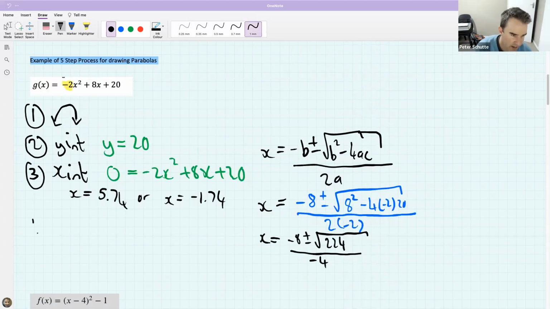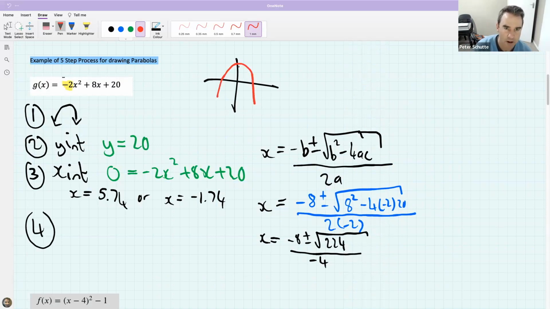Now, when you have a parabola, one of the things that is interesting about a parabola, and this is going to be a negative one, I don't know where it is, but I'm just going to make an example, is that a parabola has an axis of symmetry. There's a part where it gets cut in half, what we call the axis of symmetry. And we need to find where that is. Now, if it's been shifted, the axis of symmetry might be somewhere else.